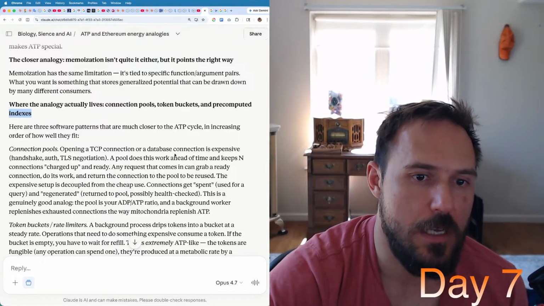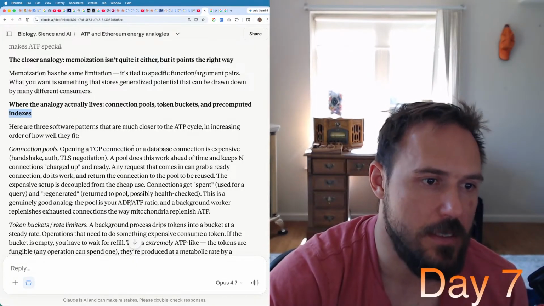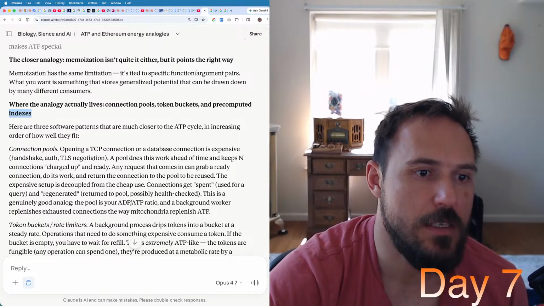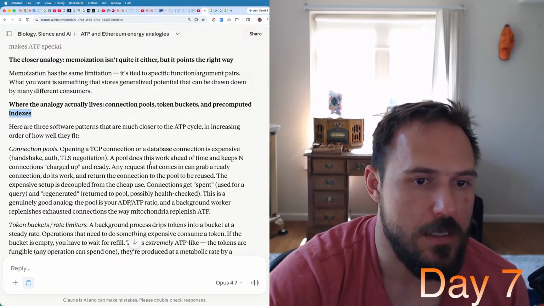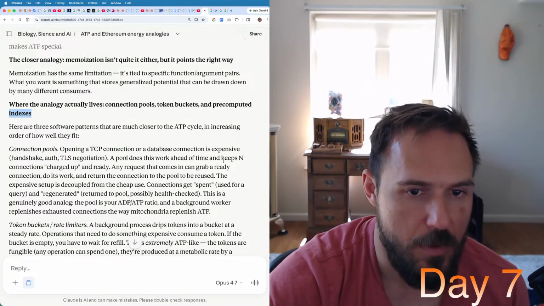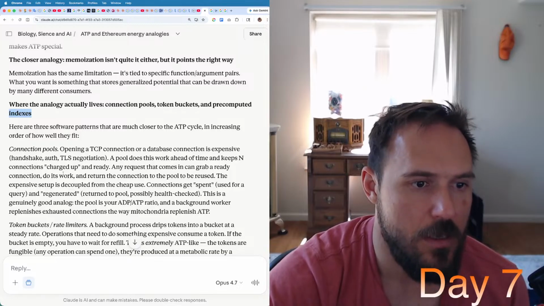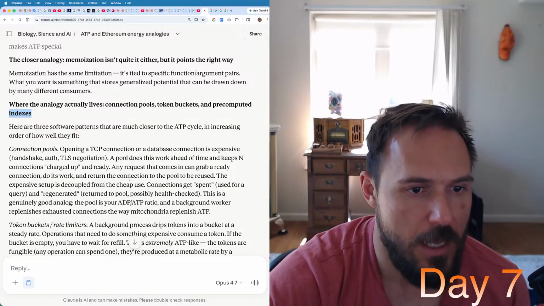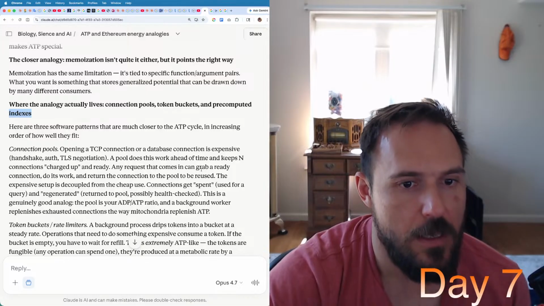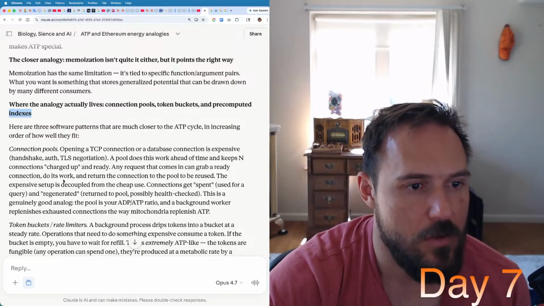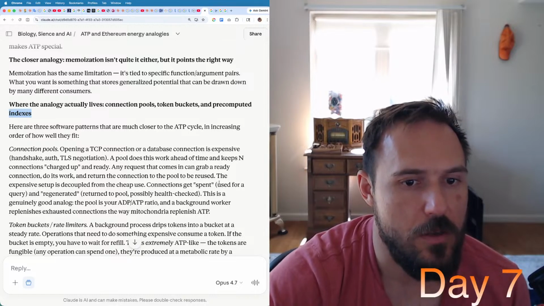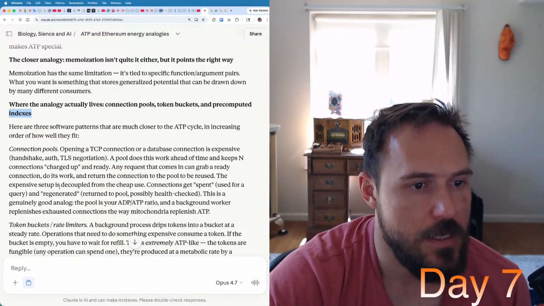Opening a network or database connection is expensive. Handshake, AUS, TLS negotiation, yes. A pool does this work ahead of time and keeps connections charged up and ready. Any request that comes in can grab a ready connection, do its work, and return the connection to the pool to be reused. The expensive setup is decoupled from the cheap use.